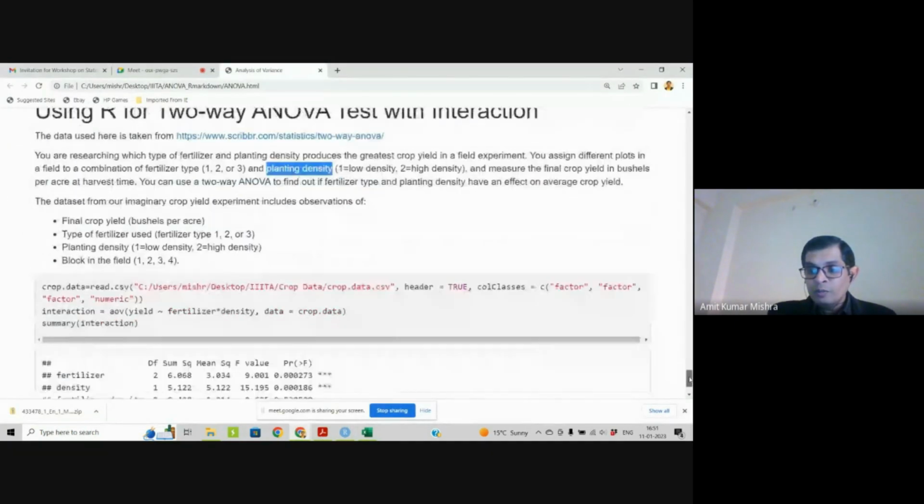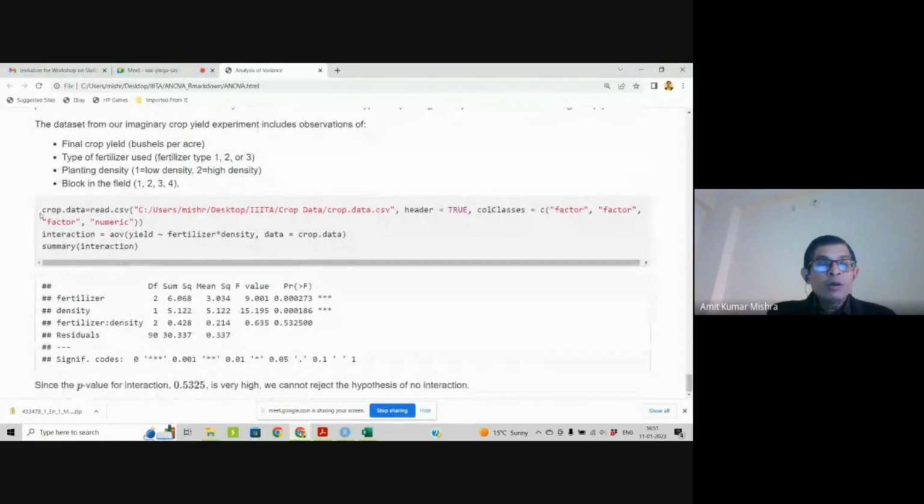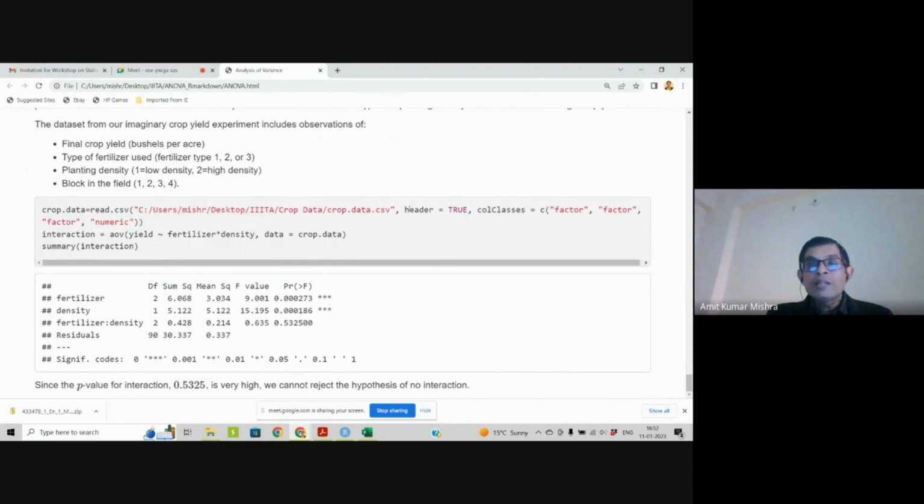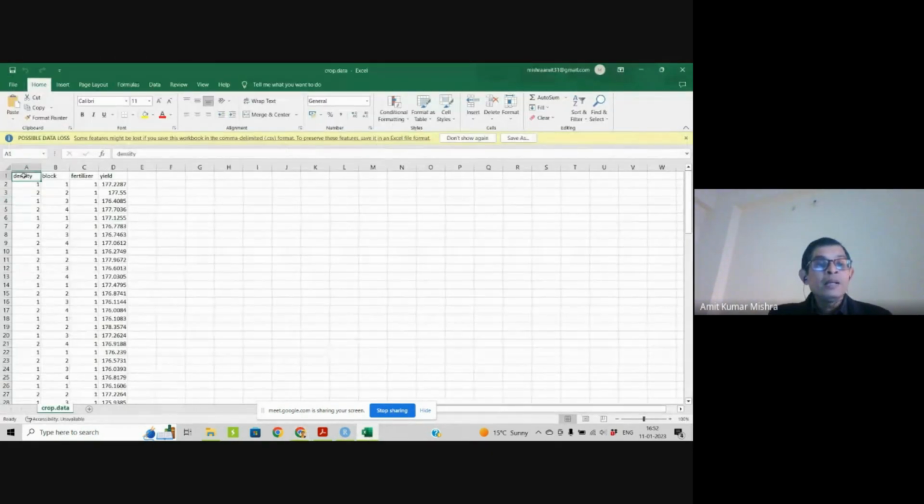How do you perform this? First you have to read the file. So crop.data is equal to read.csv. It is a comma separated file. I have given the path of the file, so it has taken the file. See, I have written header equals TRUE, because if you see the file, it has a header: density, block, fertilizer and yield.